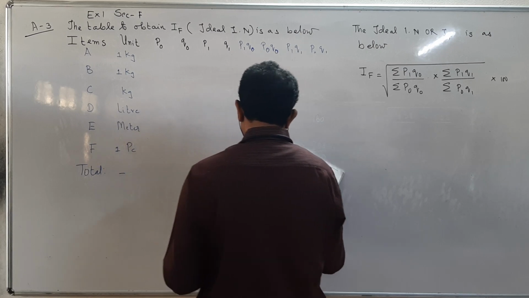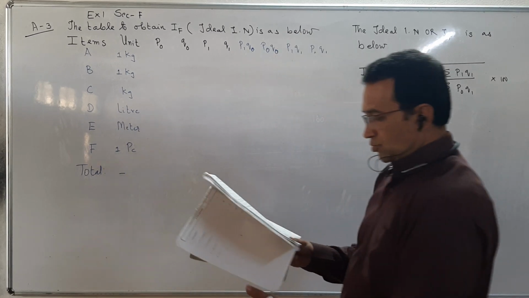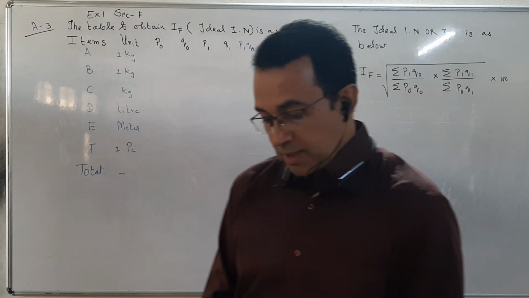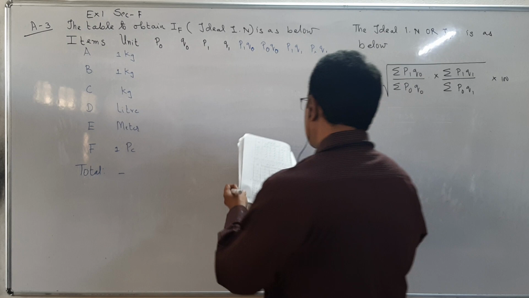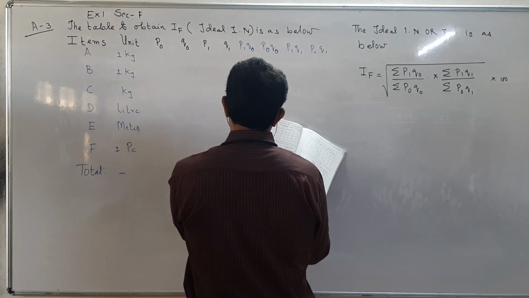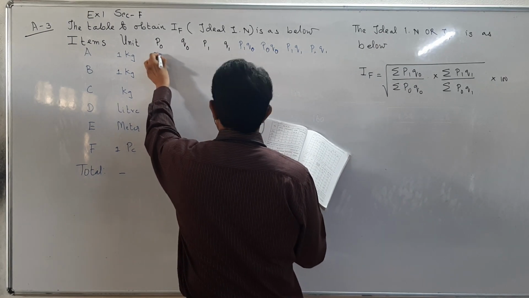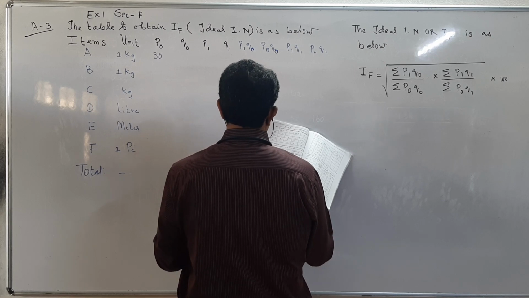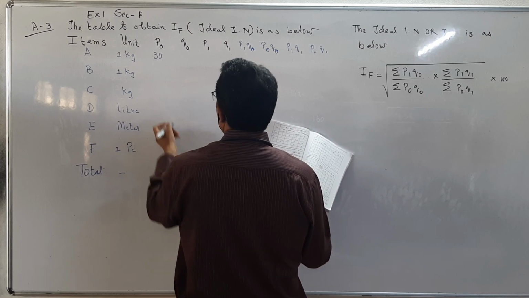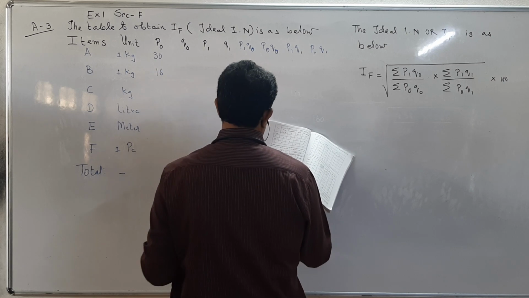Now, students, price we have to divide by the unit and write. So 2013 is base rate, 600 divided by 20, so it will be 30. Then 1600 divided by 1 quintal is 100, 1600 upon 100, so 60.